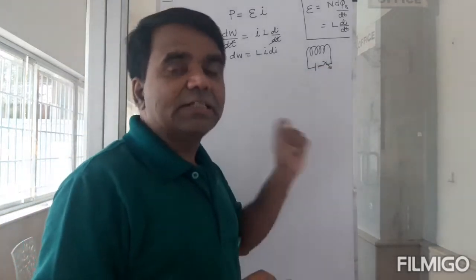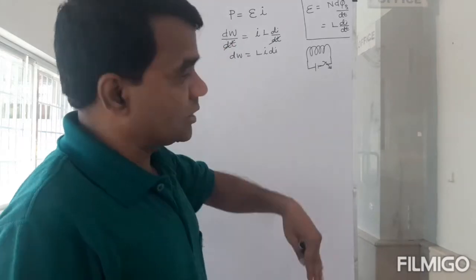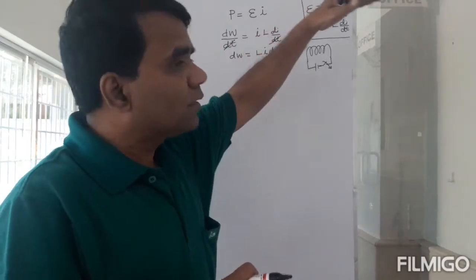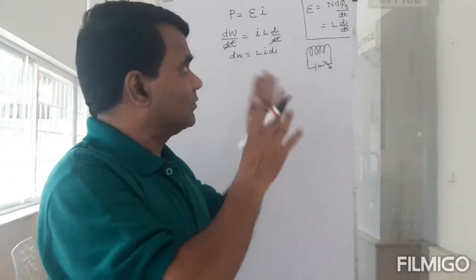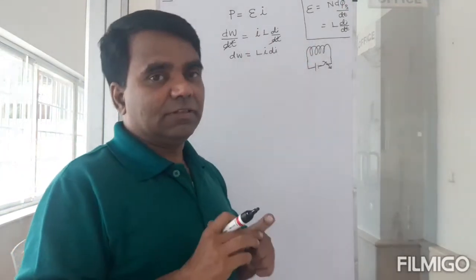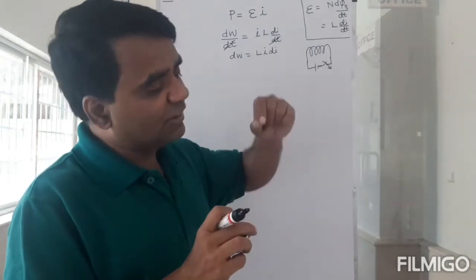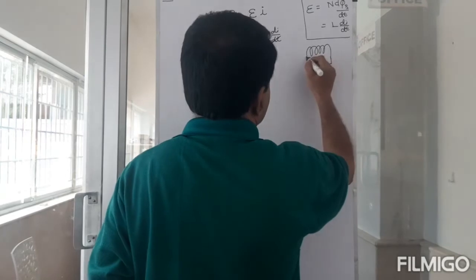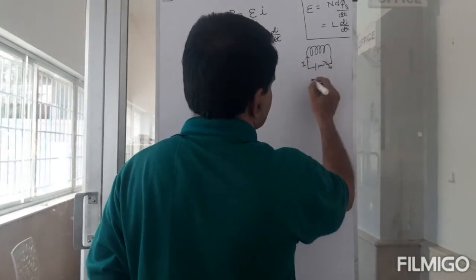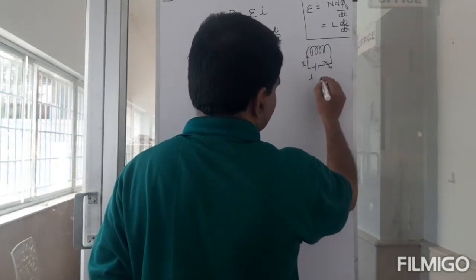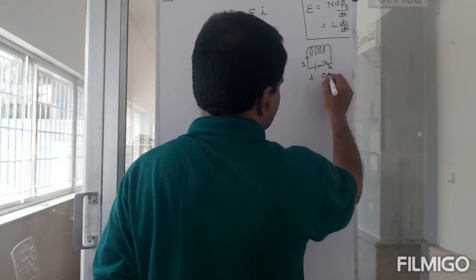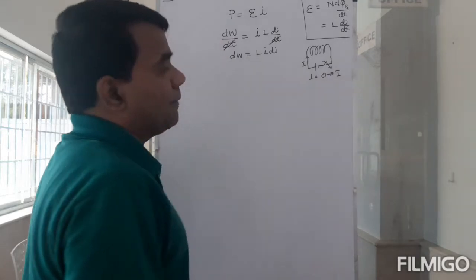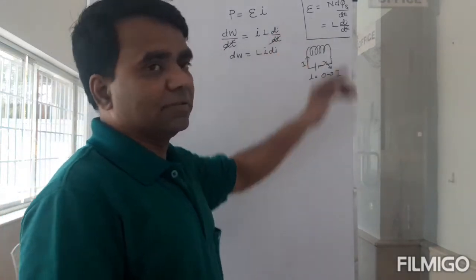So initially the current is 0, and if I close the switch, then the current will change from 0 to some constant value, I. Let's say I start from 0, now it has reached the maximum current value, I. So the current has gone from 0 to I. Okay, so this is what has happened.